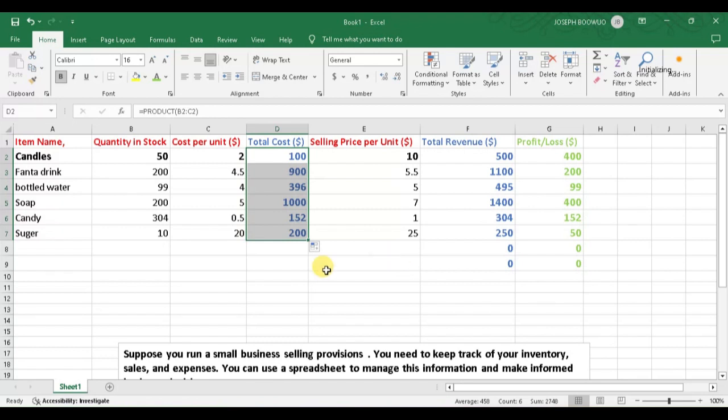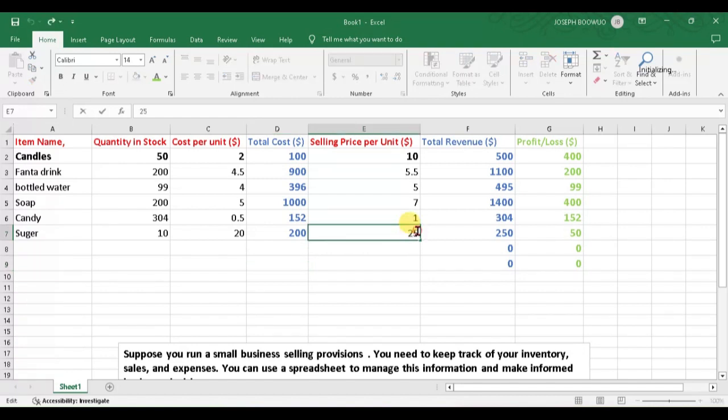Now you remember, let's say that you have made a mistake here. You have actually made a problem. When you were selling the product, the sugar, you bought it at $20 per unit, but when you were selling it, instead of selling it at $25 per unit, you decided to sell it for $19.